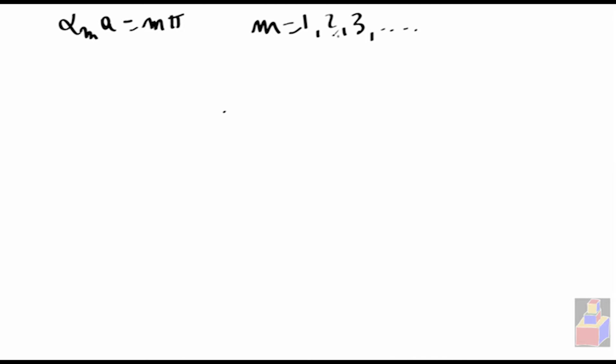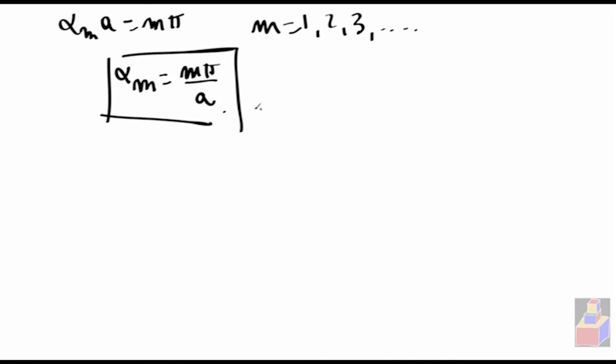So positive and negative numbers give the same eigenvalue, right? So we have to choose alpha as a discrete set given by this expression, okay? And with that choice, we have a solution.